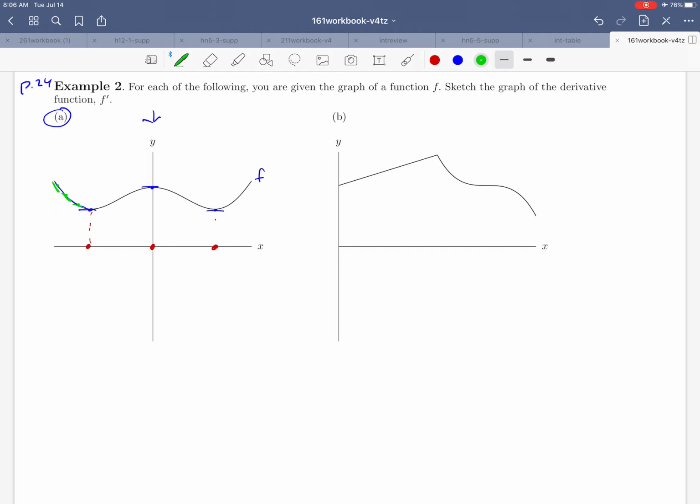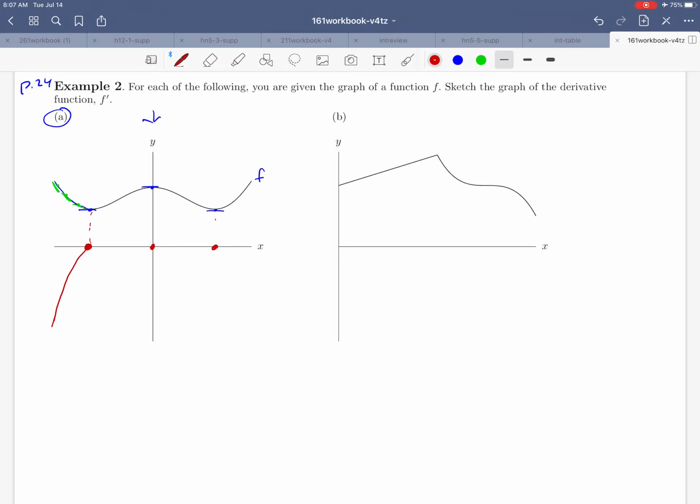Notice that the slopes of all those lines are negative, and because those slopes are negative, that means that our derivative graph has to be below the x-axis. Its y values have to be negative. So what we know then is that over to the left of this first point, the derivative graph has to be below the axis, maybe something like that. I don't know for sure how low it goes. All I really know is that it's below the x-axis on that stretch.